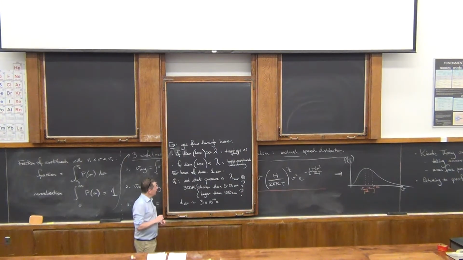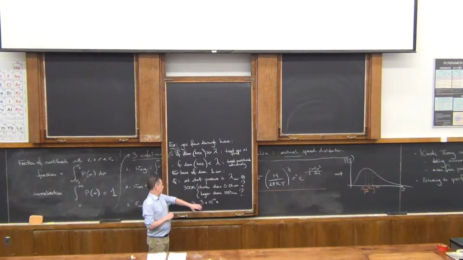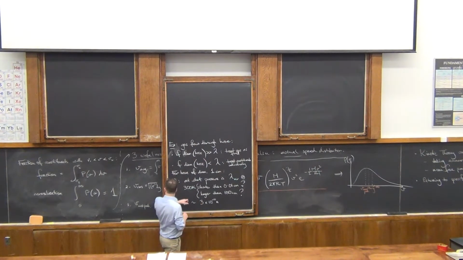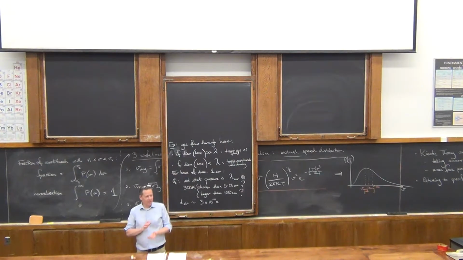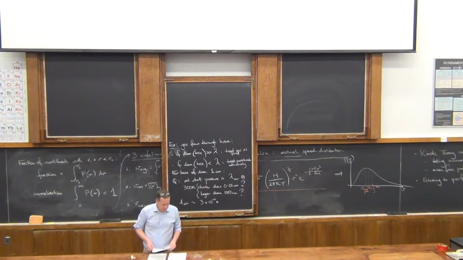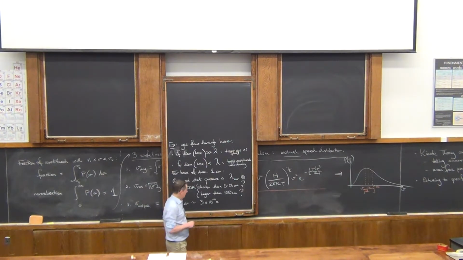What I'd like you to do is take what we've just talked about, and for air at 300 Kelvin, take the diameter of your air molecule at about 3 angstroms, and just quickly plug it into our mean free path expression, which I have erased, not very clever, and tell me what pressure we would be talking about if we've got a mean free path that's less than 0.01 centimeters and greater than 100 centimeters. Is that a go with your neighbor? Then we're going to turn our attention to specific heats. So I'm going to give you 3 or 4 minutes on this one.